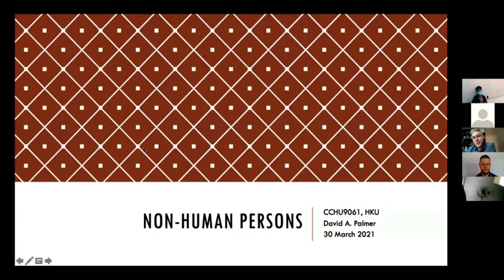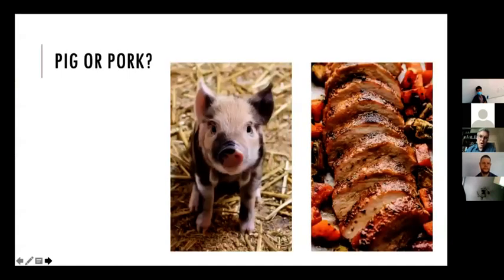Okay, so now I'm going to move on to some of the implications of this, going a little bit further, looking at non-human persons. So we already talked about animals, okay? So if I adopt a little piglet, that little piglet, my pet piglet, I'm going to treat it as a person.